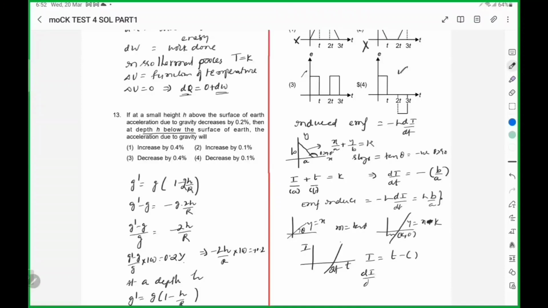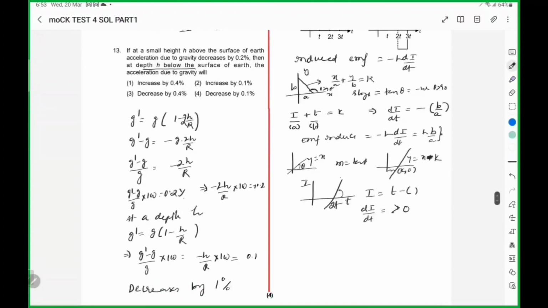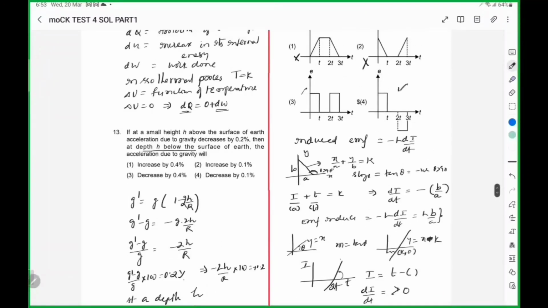So di by dt is nothing but slope of this, positive, right? Now EMF induced here is minus L di by dt. Minus L di by dt is negative. That means EMF induced is negative. So this can be the graph among the four options. Here EMF induced is constant and negative.